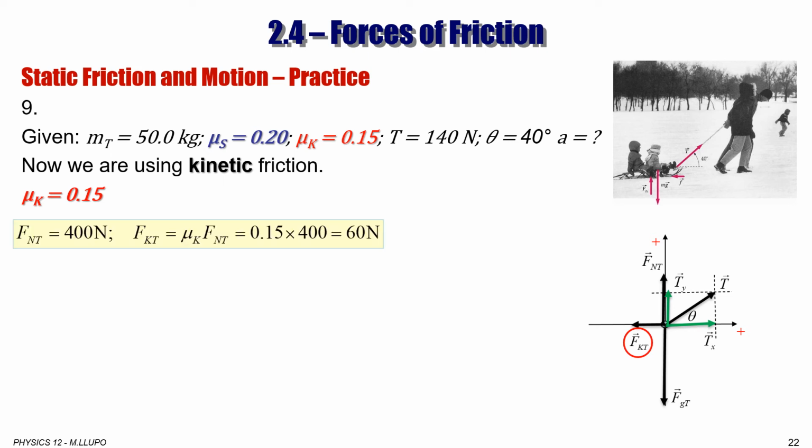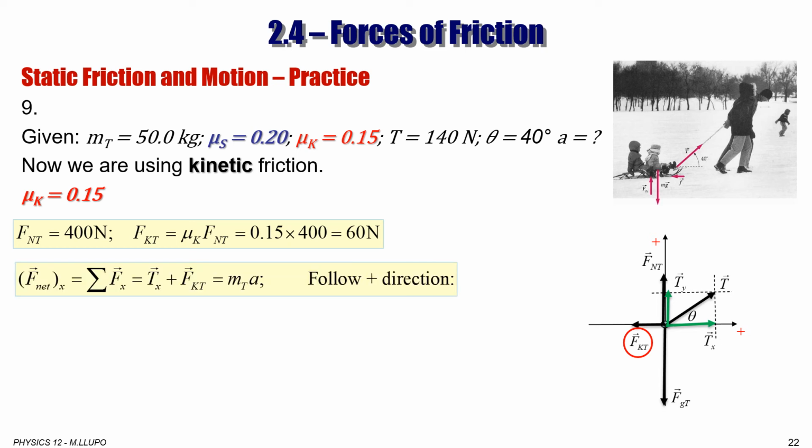So we can calculate what the kinetic friction would be. We know that the normal force is 400 Newton, and now kinetic force of friction would be 0.15 times 400, which is 60 Newton.